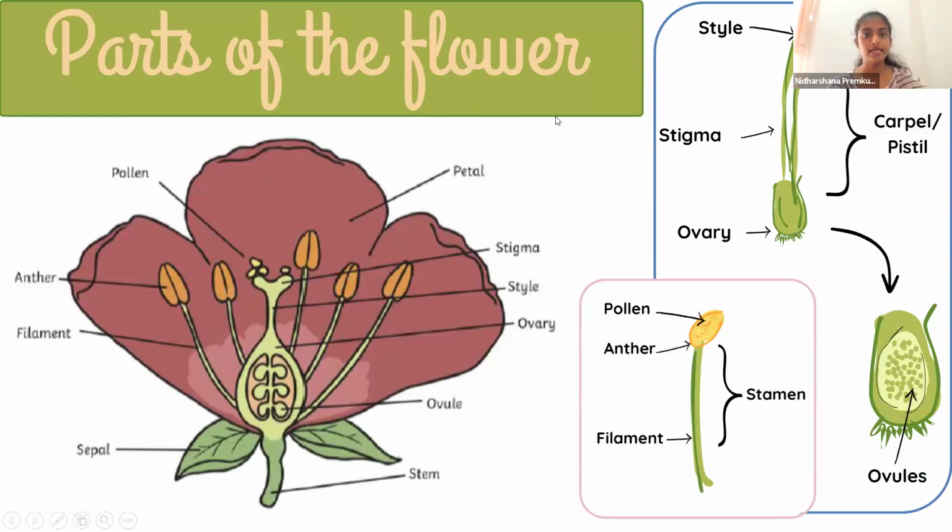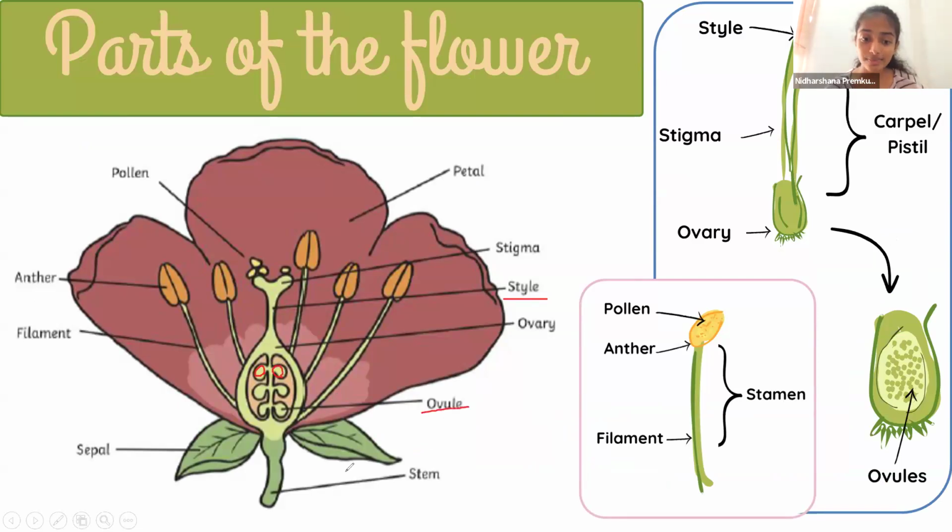Now here you can see the parts of the flower. The petal is clearly shown, here the pink color petals. Then in the middle, you have the stigma, the tube-like structure called the style, the ovary, and the small seeds, the small circles here, called the ovules.